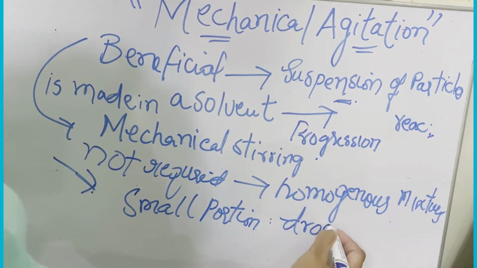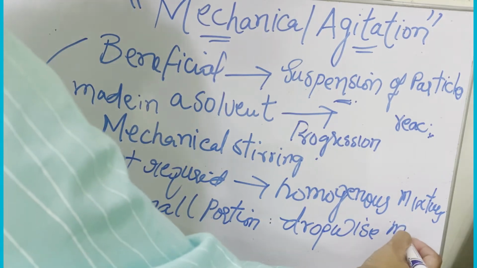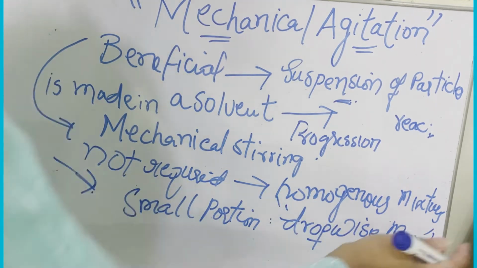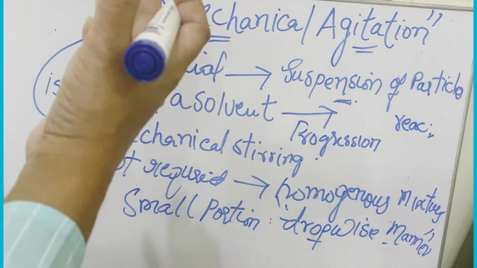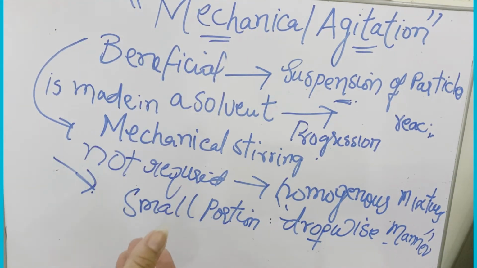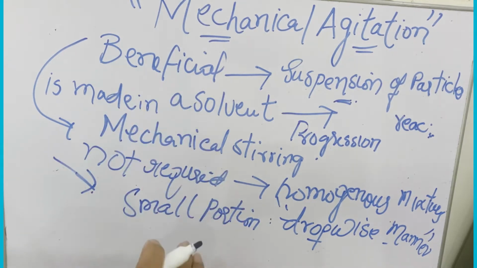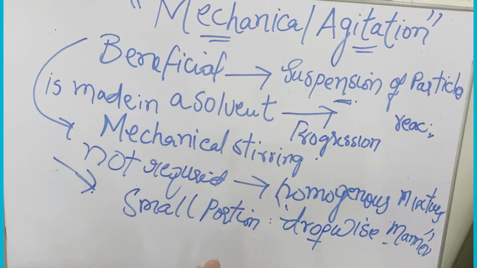My BS Part 3 and MSc previous students will know what a dropwise manner is, because I have shown them in the laboratory how you can mix one solvent into another slowly, dropwise. So this is when it is strongly recommended: when the quantity is very small or you are adding dropwise.